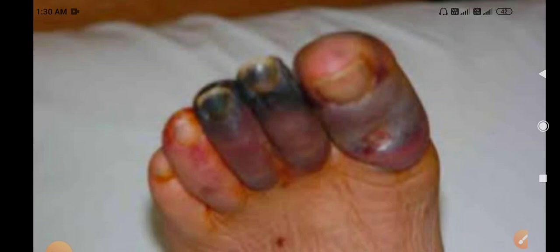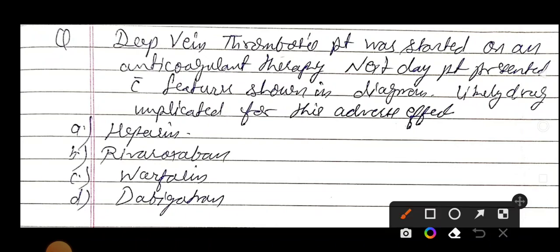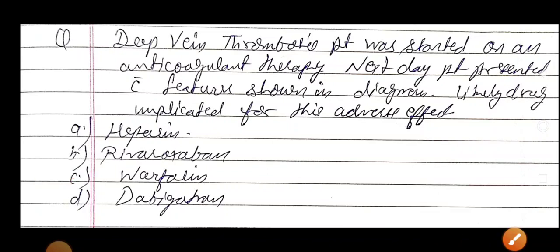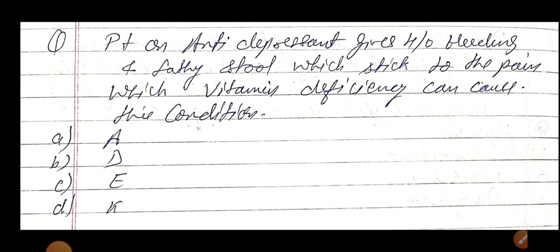Skin necrosis is an adverse effect of which drug: heparin, rivaroxaban, warfarin, dabigatran? It is warfarin-induced skin necrosis. So the answer here is warfarin.